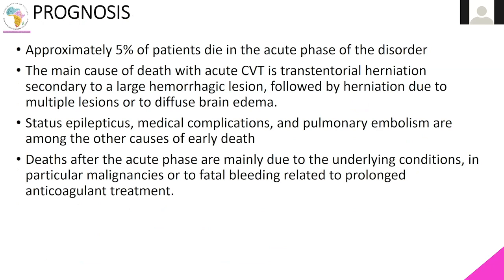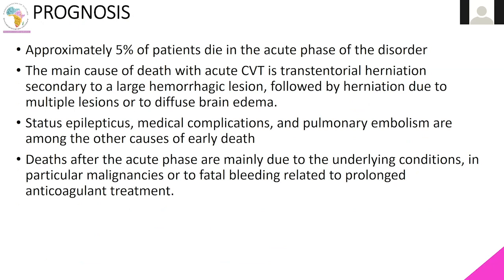Approximately 5% of patients die in the acute phase of the disorder. The main cause of death with acute CVT is transtentorial herniation secondary to a large hemorrhagic lesion, followed by herniation due to multiple lesions or to diffuse brain edema.